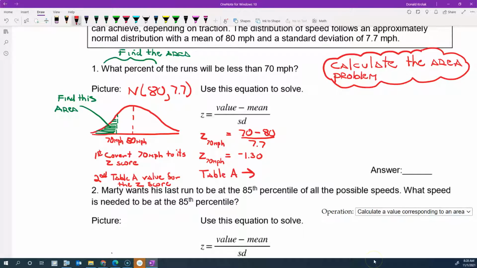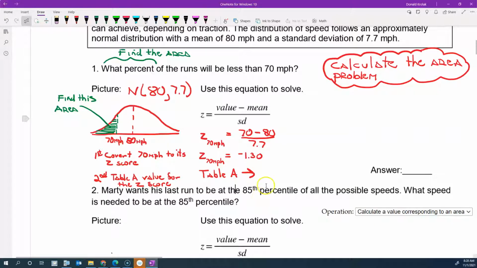I just go to my table and find negative 1.3 and write down what the area is. That's the percentage. So find the z-score, then find the table A value.